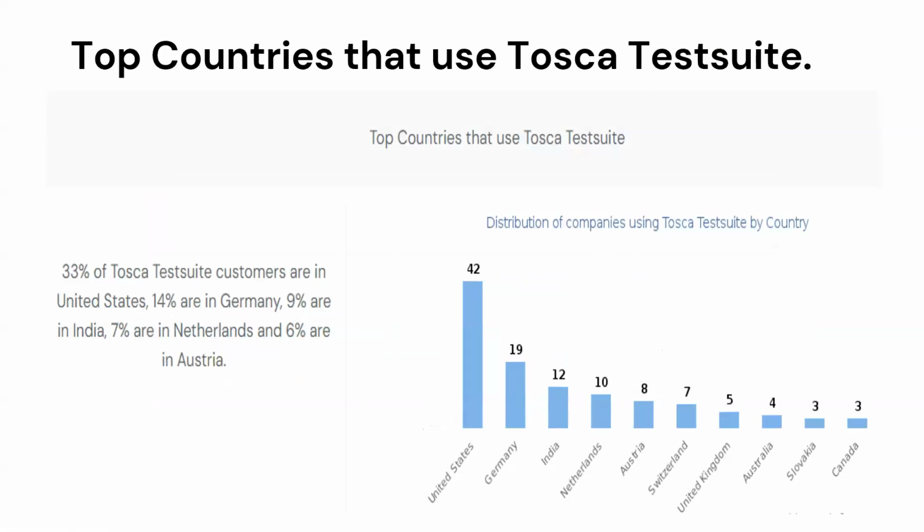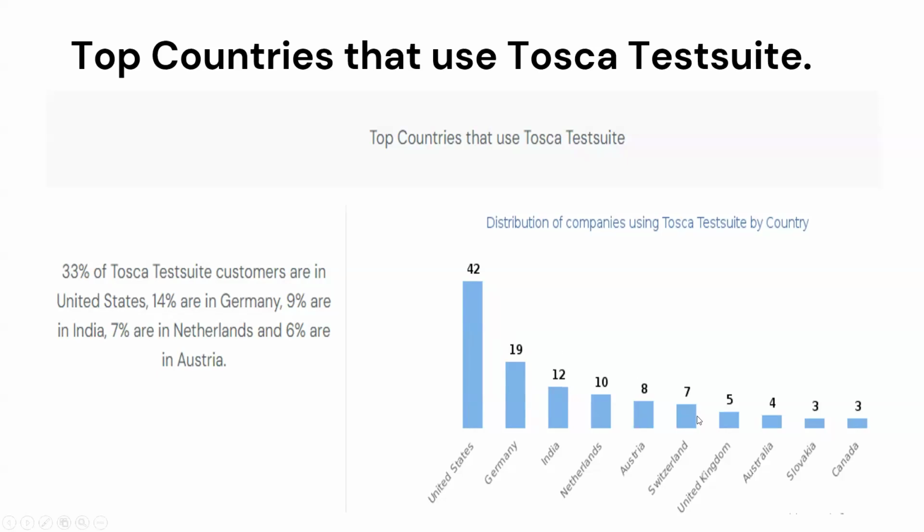In most of my batches, I see about five to six people from the United States. So 42% are from the United States, and 19% are in Germany, where they have started and the graph is increasing for Tosca. India is the third, at 12%, and here also it is increasing.